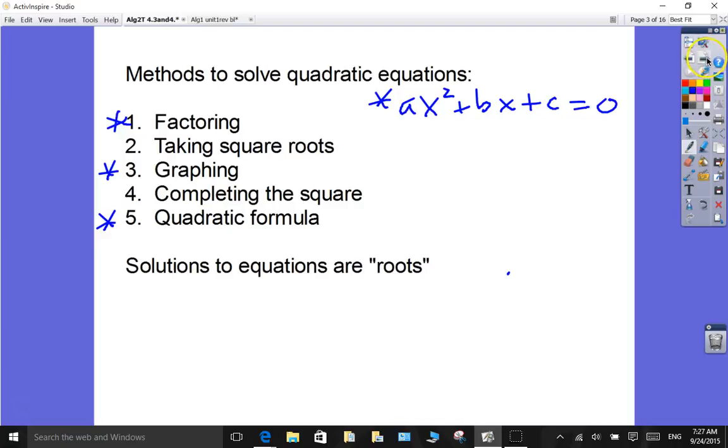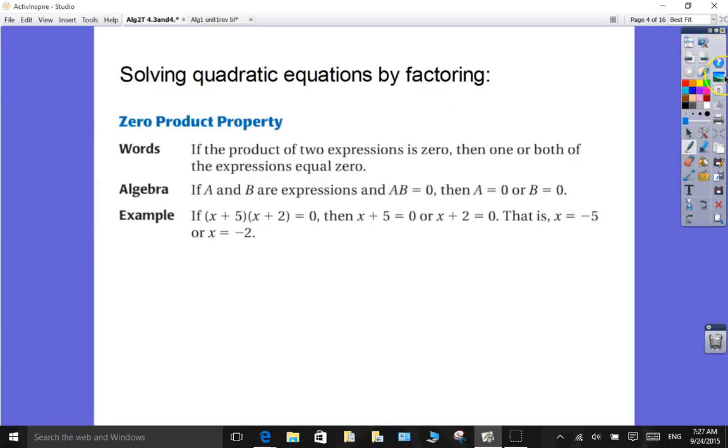So methods to solve. We solve by factoring by using what's called the zero product property. And the zero product property is like a converse, if you remember your logic from geometry, right? You have a statement and you've got an inverse and a converse and a contrapositive and all that stuff.